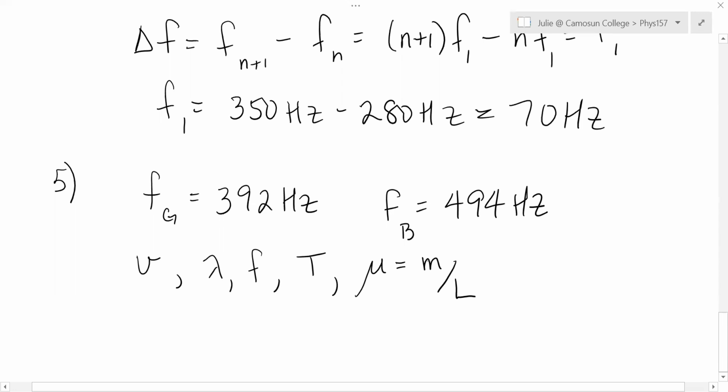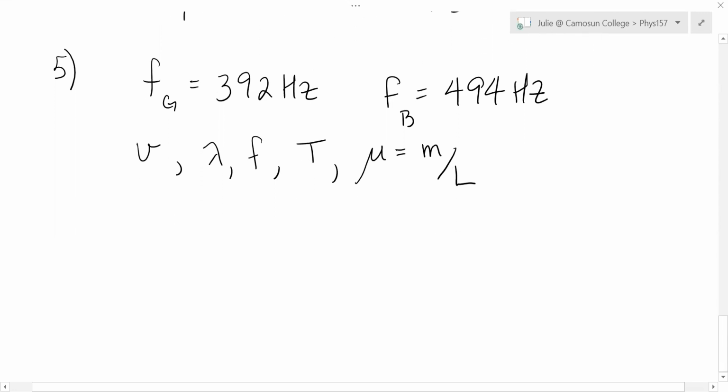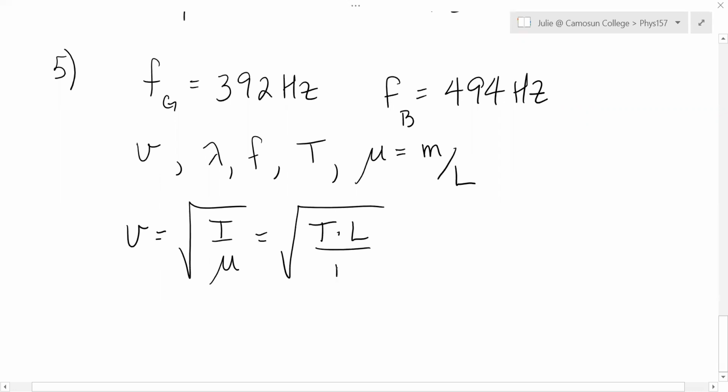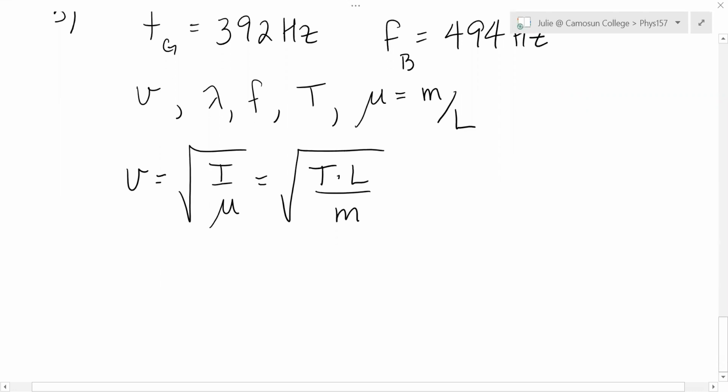What we want to do is make an equation that has all these things in it. So the equation I'm going to make is that, well, we've got two. We've got V equals the root of T over mu, or I could write that as T times the length of the string over the mass of the string. There's one equation. And we also know that this is equal to the wavelength times the frequency, because V is lambda F.